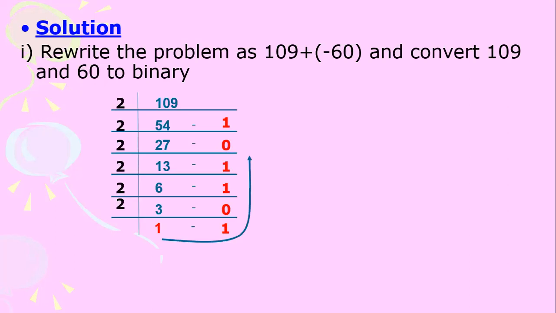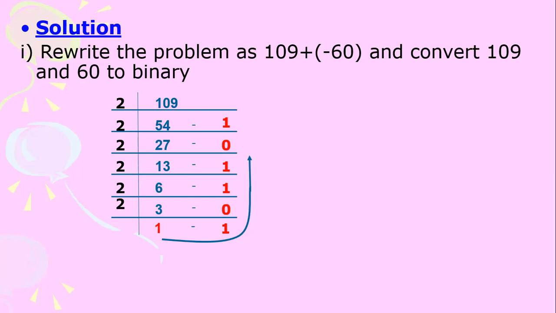So when you convert 109 decimal to its binary equivalence using the long division method, you continuously divide 109 by 2, generating remainders until you get the last value as 1 or a 0. So in this case, 3 divided by 2 is 1 remainder 1.